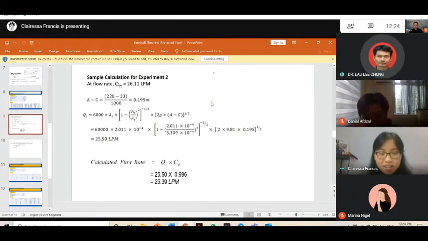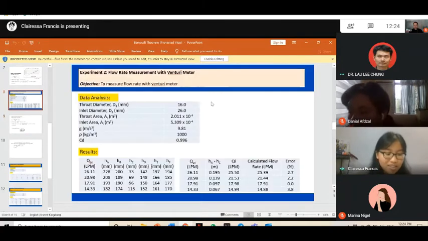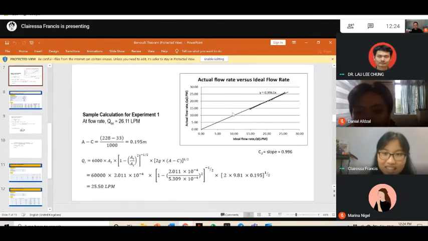Okay, my question is for Claire. Go to slide number 8. Where do you get that CD in the data analysis, the last one? It's the slope. This is what? The slope.